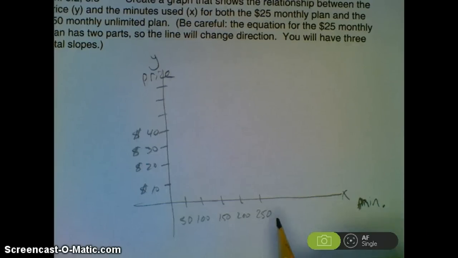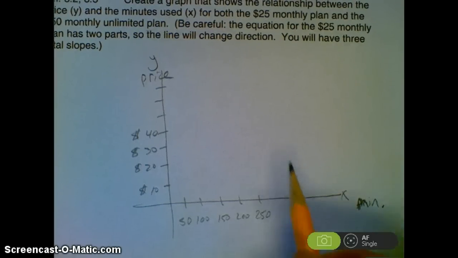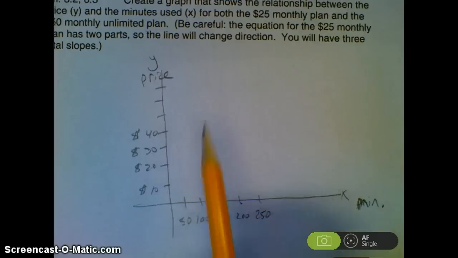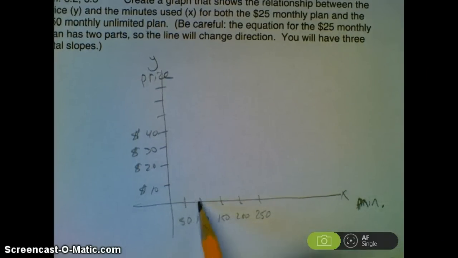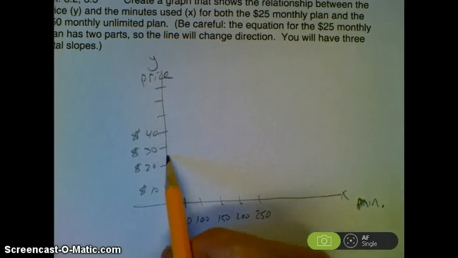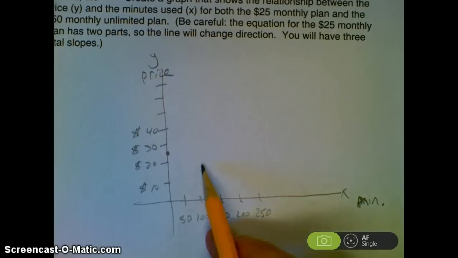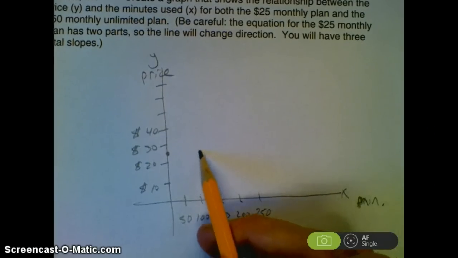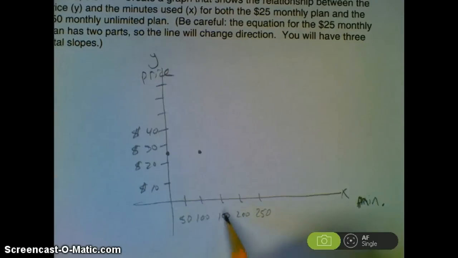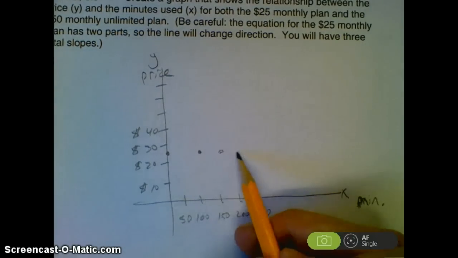Now under this $25 monthly plan, you're going to show what you pay when you use 50 minutes, 100 minutes, 150 minutes. Well, you know that even if you use 0 minutes, you're going to pay $25. If I use 100 minutes, I'm going to pay $25. 150, 200 minutes.